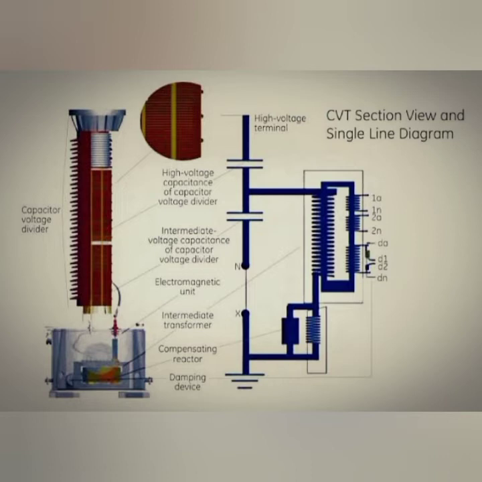Then the damping device is your ferroresonance suppression circuit. At the bottom we have the secondary terminal connections. At the top we have the HV terminal connections.